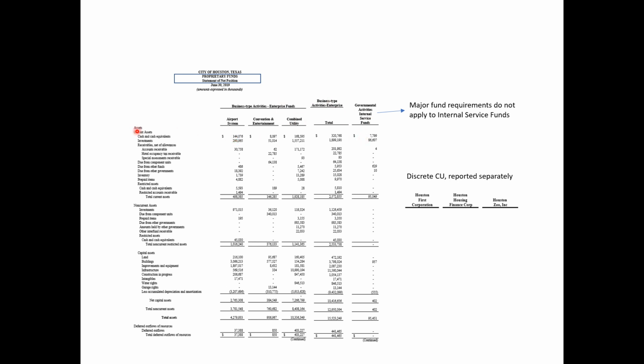So for the statement of net position, we're going to report assets, the same thing. Basically, it's going to be very similar to the balance sheet under FASB. Assets, current and non-current, and also list all the capital assets.